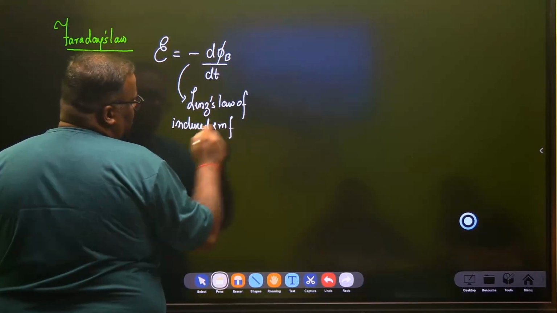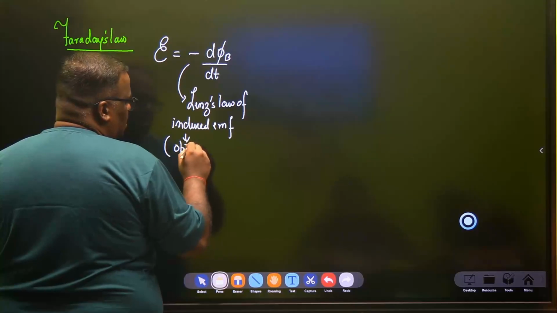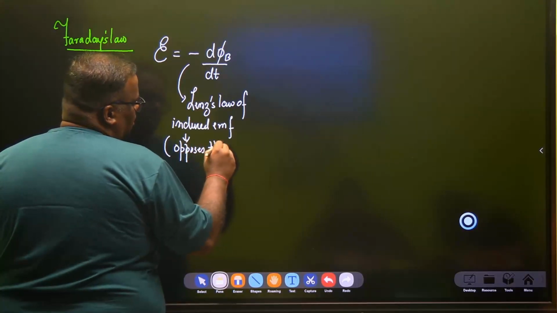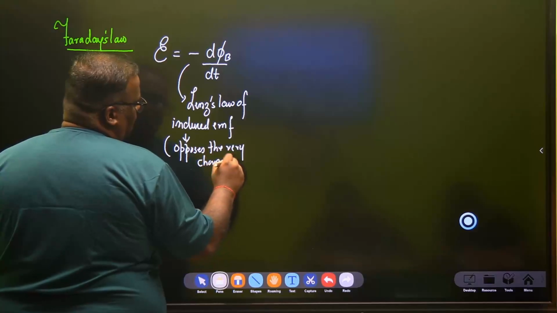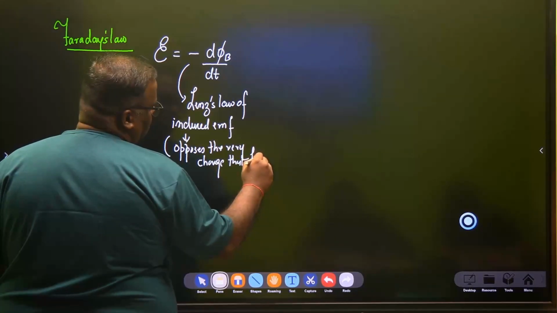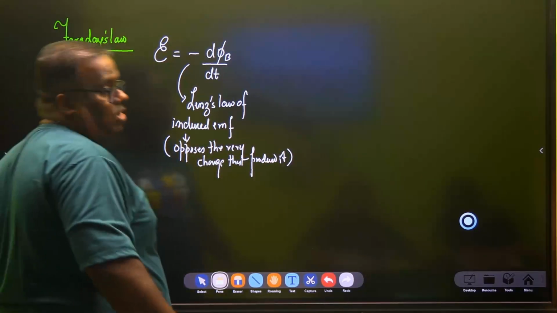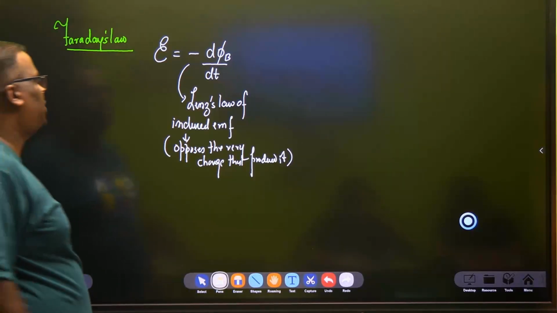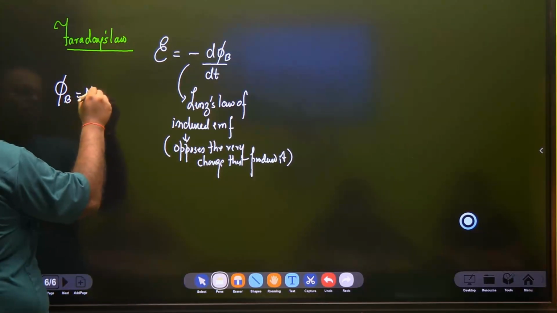And broadly it says this induced EMF opposes the very change that produced it. The way you brought me, I will just oppose that change only. The very way. Okay? Phi B is known as my magnetic flux.